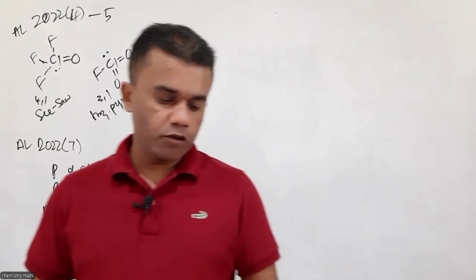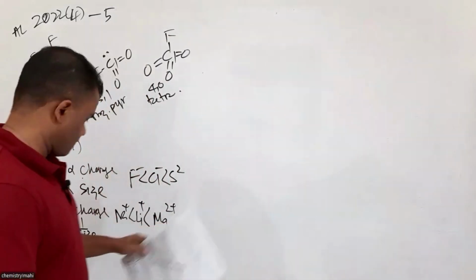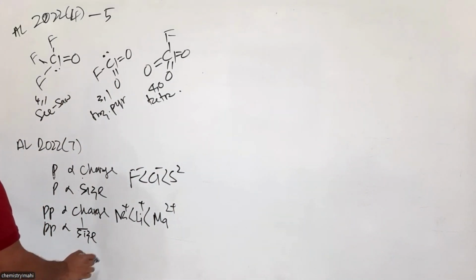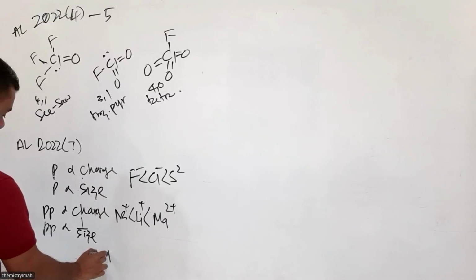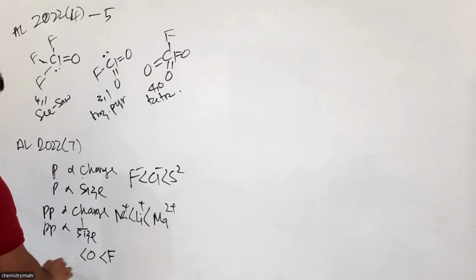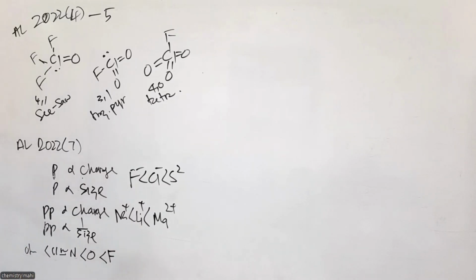Third one, electronegativity of oxygen, fluorine, chlorine, sulfur. You remember the order. Fluorine is the highest, thereafter oxygen, next nitrogen, and then chlorine; nitrogen and chlorine are approximately equal, I told you. Then only other atoms come.